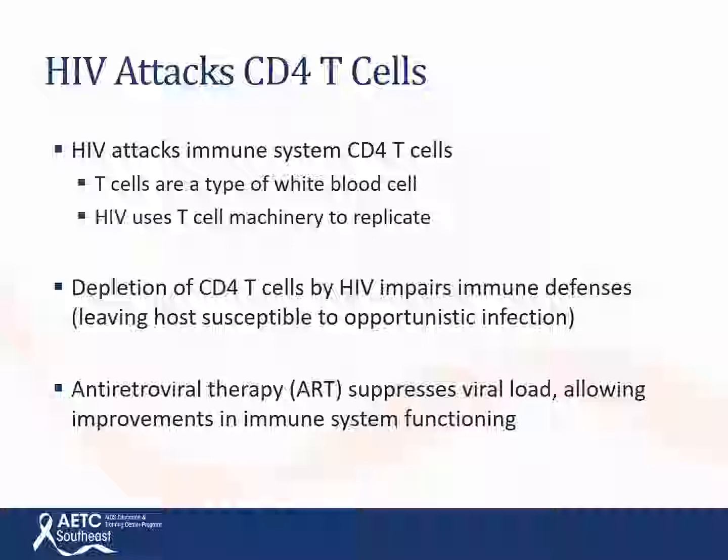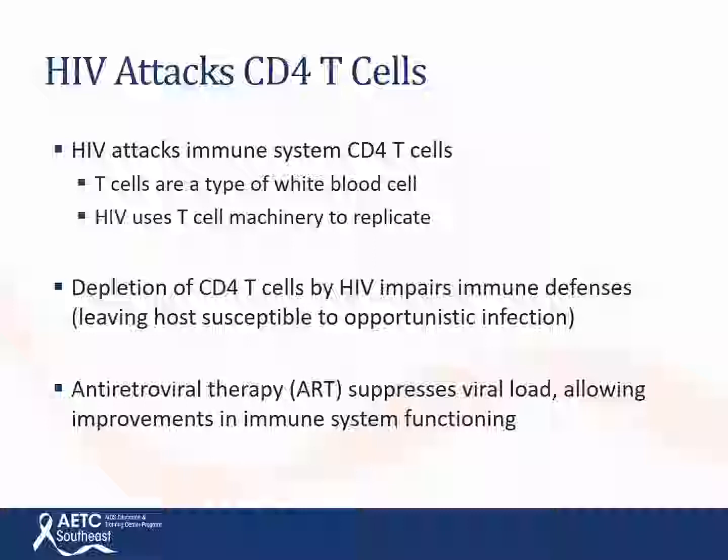First, we must remember that HIV is a virus. It's a virus that attacks our immune system cells, and the cells of our immune system are called CD4 T cells. The HIV virus uses our CD4 T cell machinery to replicate, and once it does this, the T cell dies because our cells are not set up to be mini virus factories.